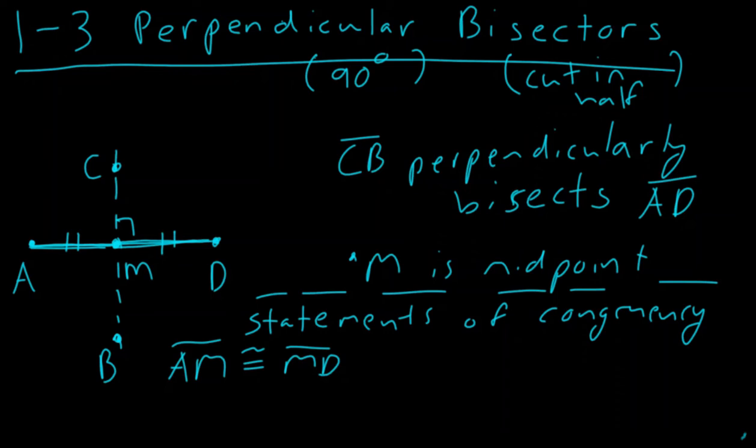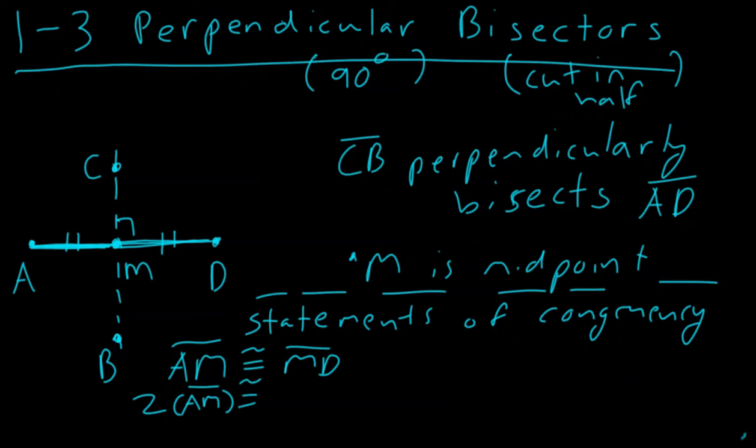But we can actually come up with 4 more statements of congruency. So for example, we know that AM is half of AD. And I would ask you, how many halves does it take to make a whole? And I would hope that you would say 2. So if I had 2 AMs, that would be congruent with the whole thing.